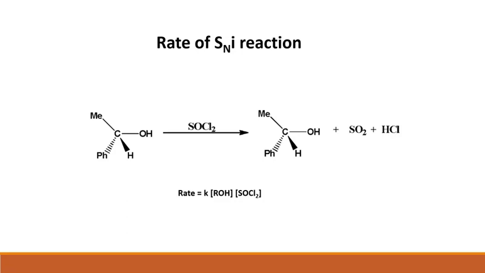For example, the rate equation in the case of chlorination using thionyl chloride takes the following form: rate is equal to k, the rate constant, multiplied by the concentration of alcohol and the concentration of thionyl chloride.